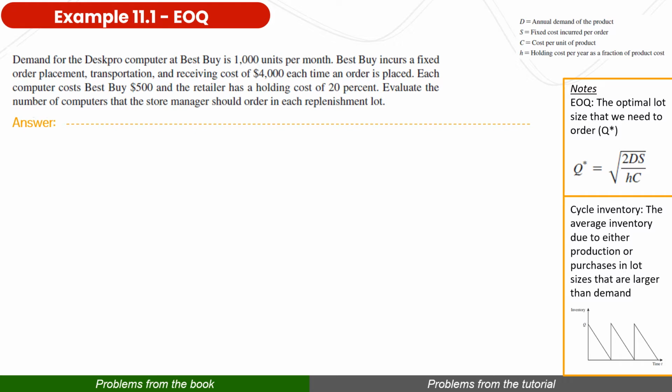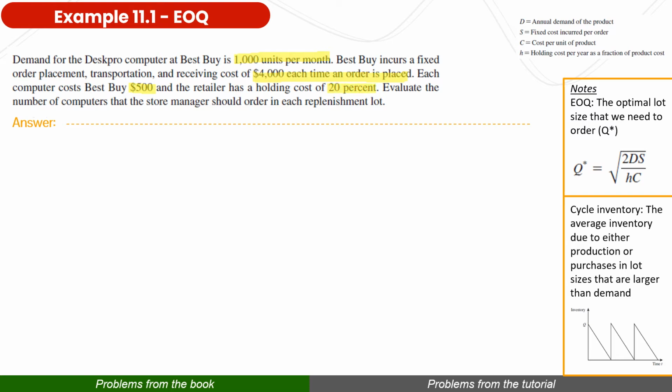So the demand for the computer at Best Buy is 1000 units per month. And then it has the order cost per lot $4,000 each time an order is placed, and each computer costs $500, and the retailer has the holding cost of 20%.